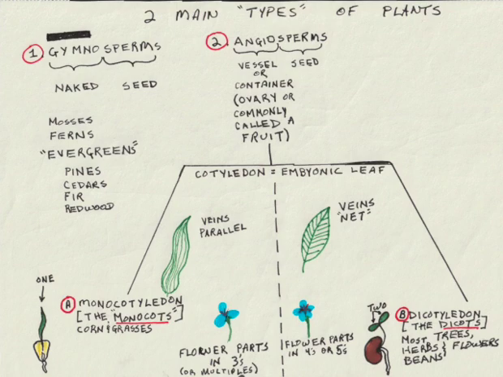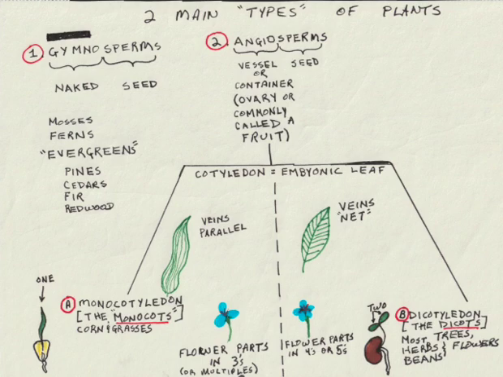The other type of angiosperm is called the dicotyledon. You know what that means. Di means two, cotyledon, seed leaves. And these are plants that have two embryonic leaves. A classic example is the bean. Again, you sprout a bean seed, and that bean will put forth two little embryo leaves.